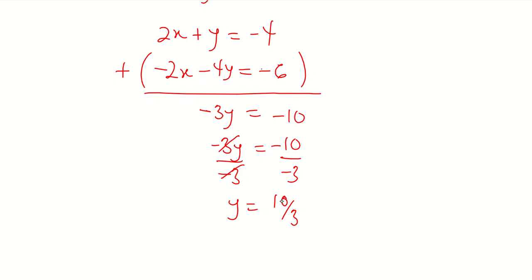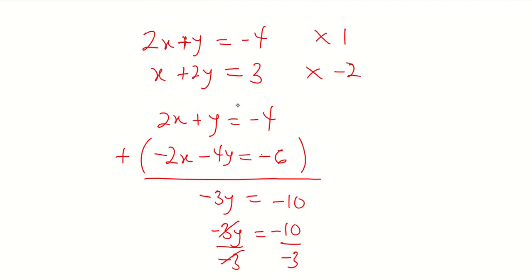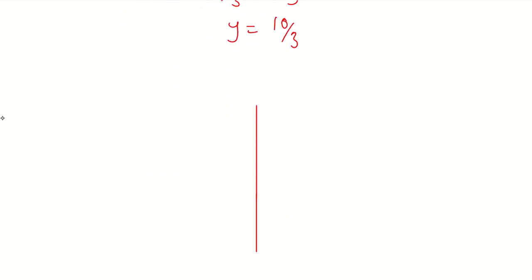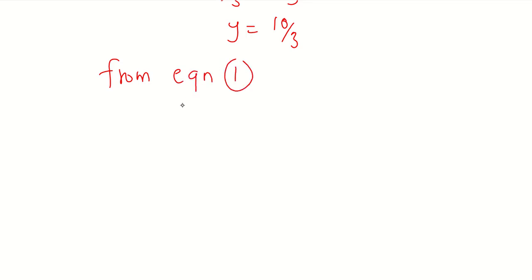Now we can get x by substituting the value of y, that is 10 out of 3, in equation 1 or 2, not the new equations we arrived at, but equation 1 or 2. And so we can decide to put it into equation 1, and when we substitute, then from equation 1, we know that 2x plus y is equal to minus 4.